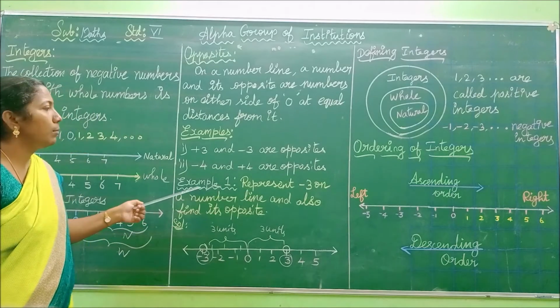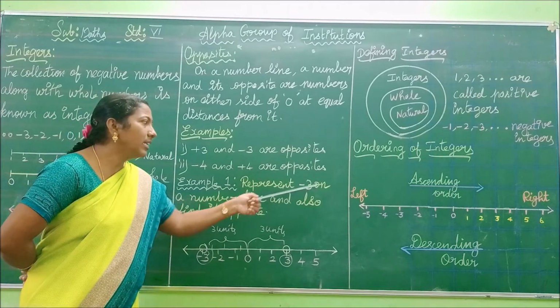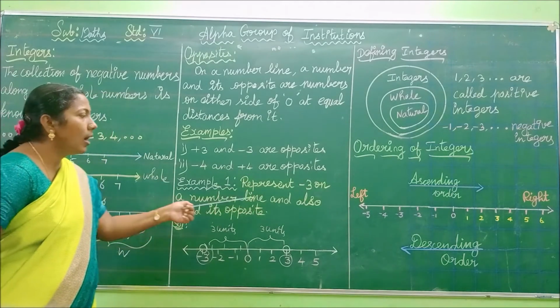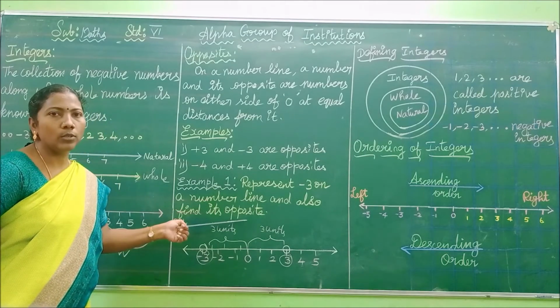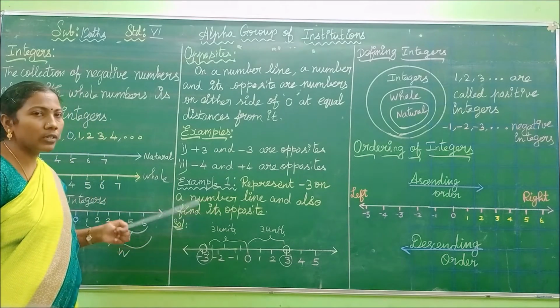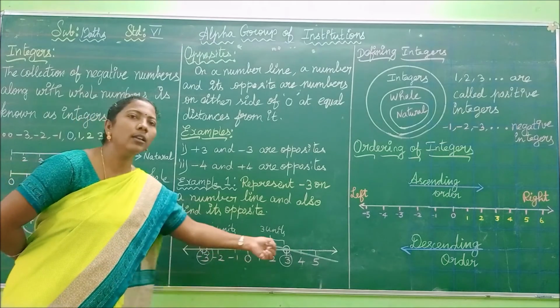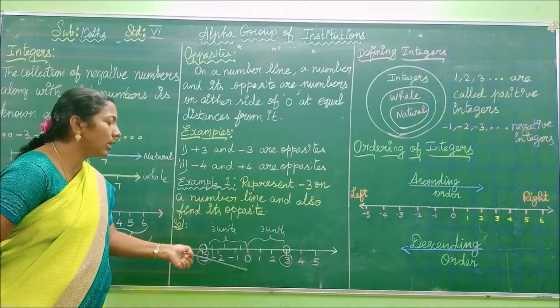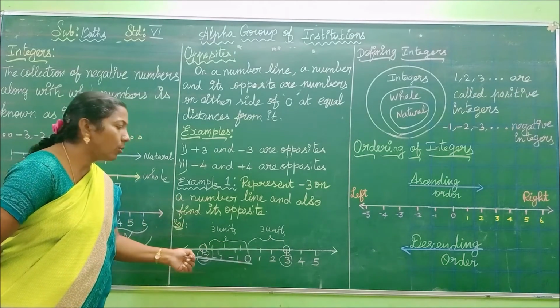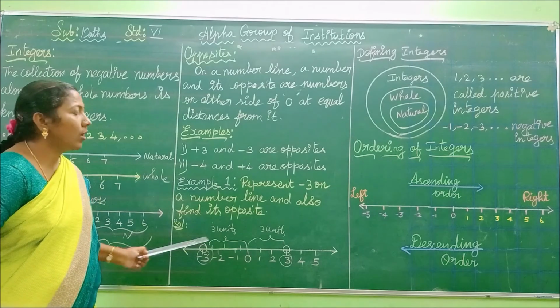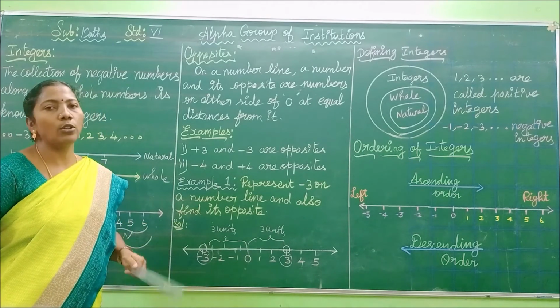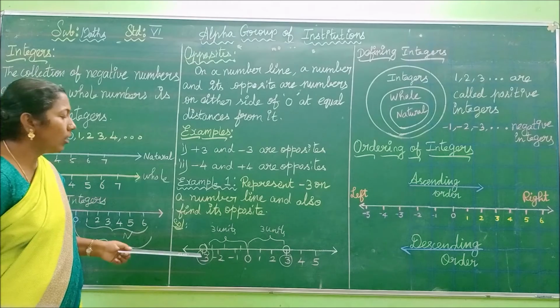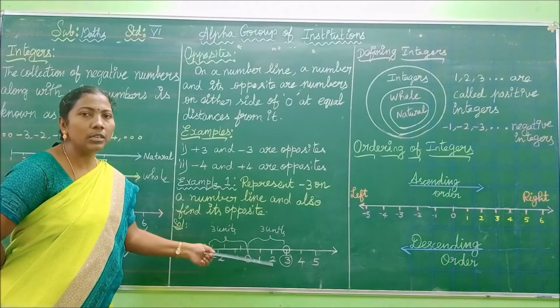Okay. See example 1. Represent minus 3 on a number line and also find its opposite. So in the solution part, first of all you have to draw the number line and then mark the positive numbers, 0 and negative numbers. For drawing the number line, definitely you have to use only pencil. And also you have to write the numbers using pencil only.